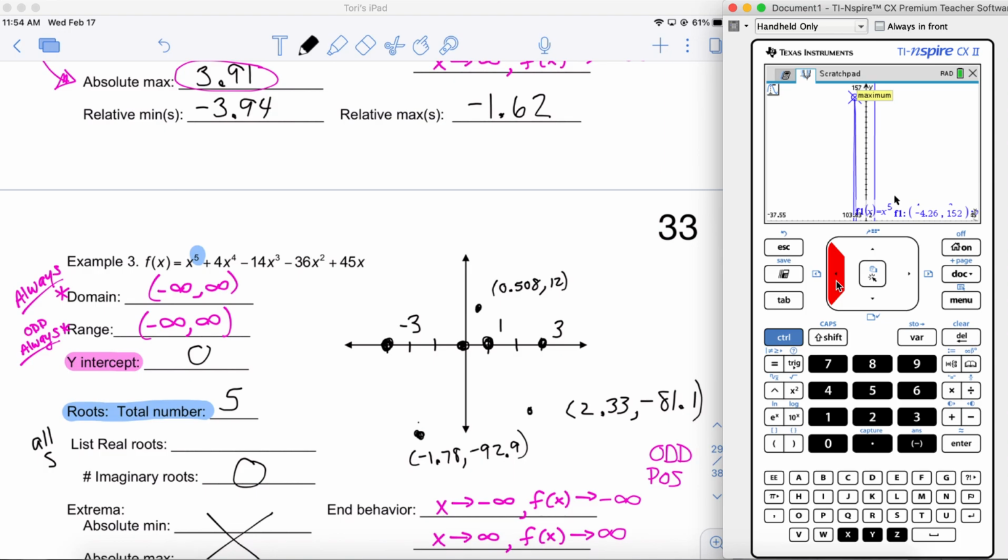We're at negative 4.26. So negative 4.26, comma 152, so really high. And then arrowing all the way to the left. Last 0 is at negative 5. All right, and then we're going down forever.